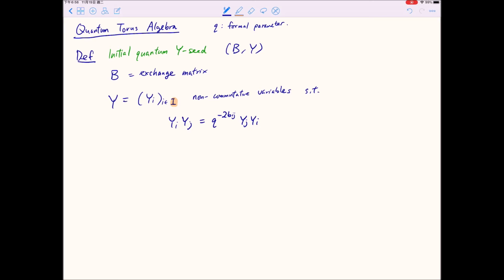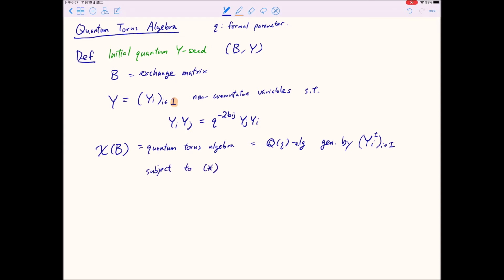Then we say that the quantum torus algebra, denoted by X of B, will be an algebra with coefficients in rational functions in q, generated by these variables, plus or minus, subject to the relations here.